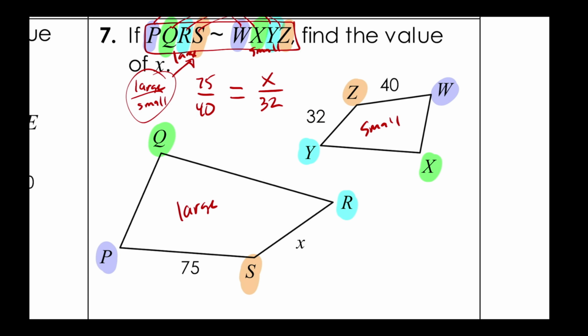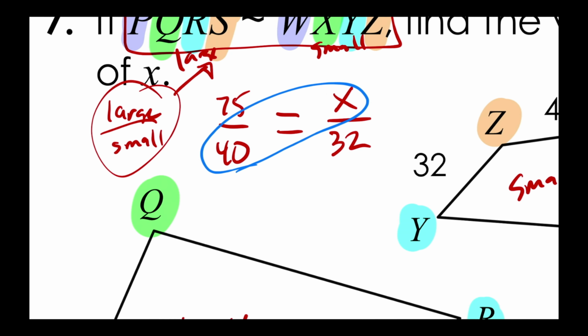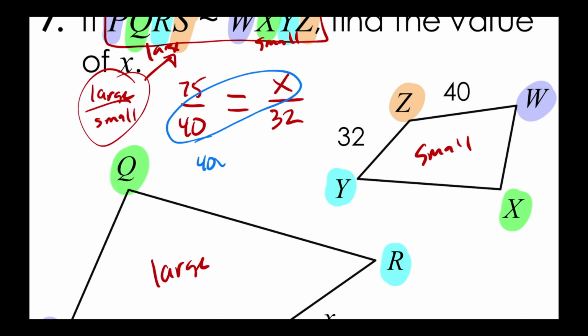Once I've done that, the rest is easy street, because now I just say this times this. Cross products: 40 times X equals 75 times 32. Ooh, numbers are getting bigger now, guys. It's okay. Use your handy dandy calculator.